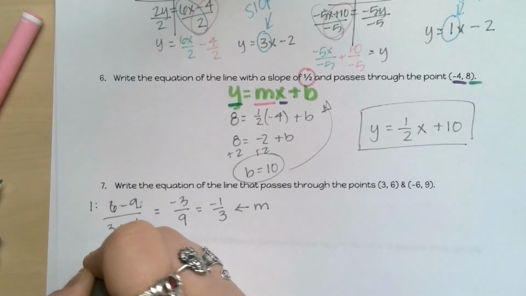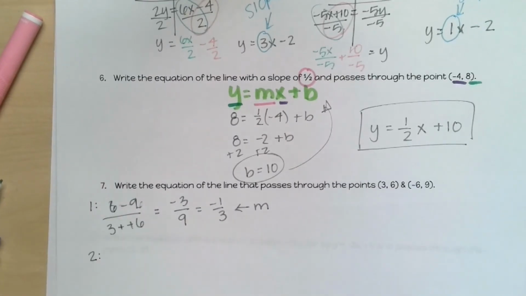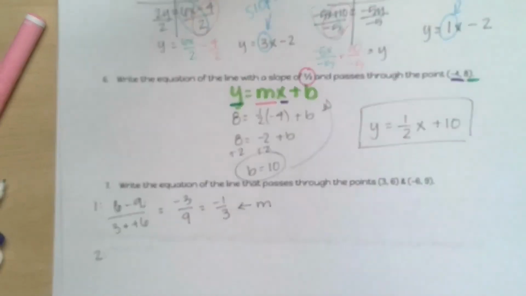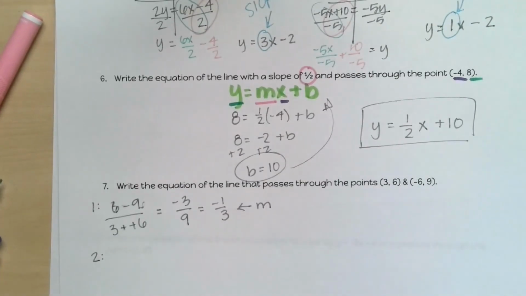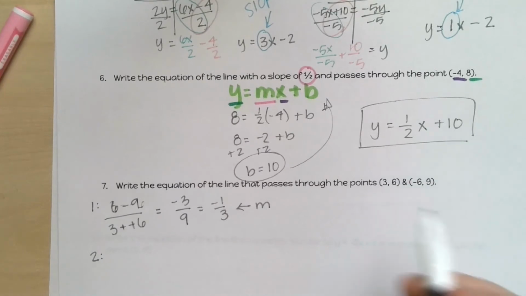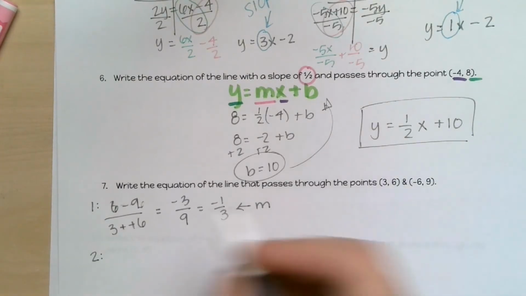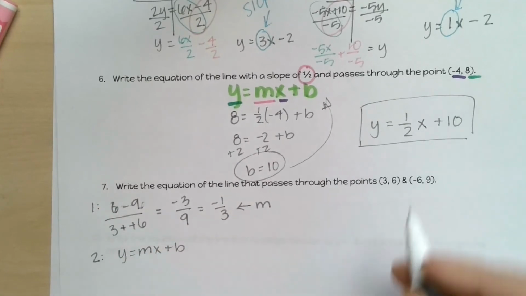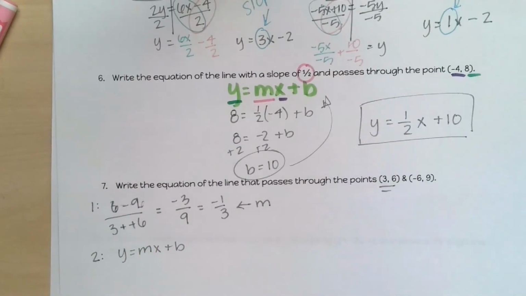So this is our slope. Our next step is like we just did in this previous problem. You can just pick one ordered pair to substitute in. It doesn't matter. I personally tend to pick ordered pairs that have a 0 or if the numbers are all positive. Just kind of makes things a little easier, a little cleaner. All right, so we'll plug into our y equals mx plus b form. I'm going to go ahead and use this ordered pair.